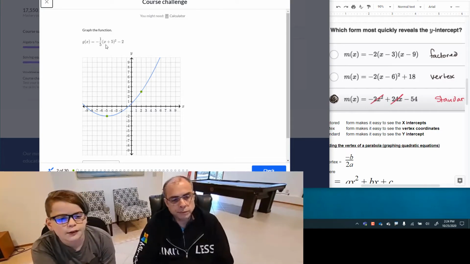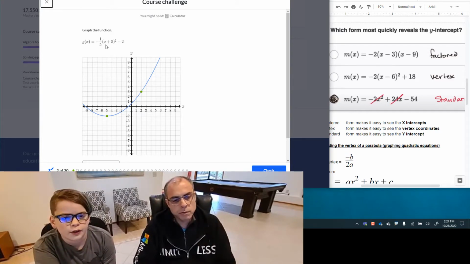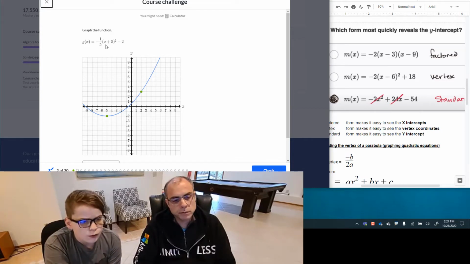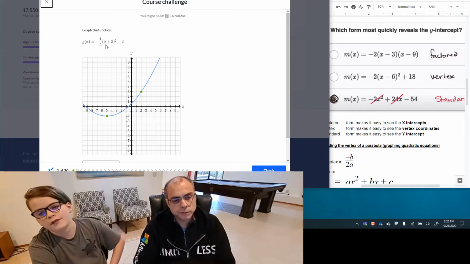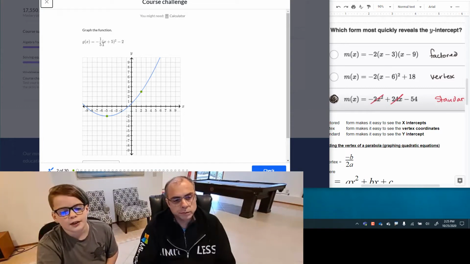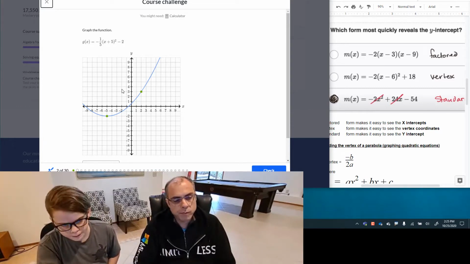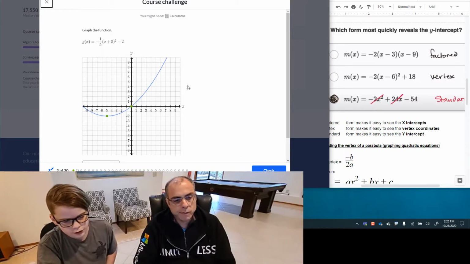Negative 2 plus 5 equals 3. 3 squared, 9. Then negative 1, 4, 4 squared, 16, and that wouldn't work. 0: 5 squared is 25. Negative 25 over 5 equals negative 5, minus 2 equals, yeah, it's this.